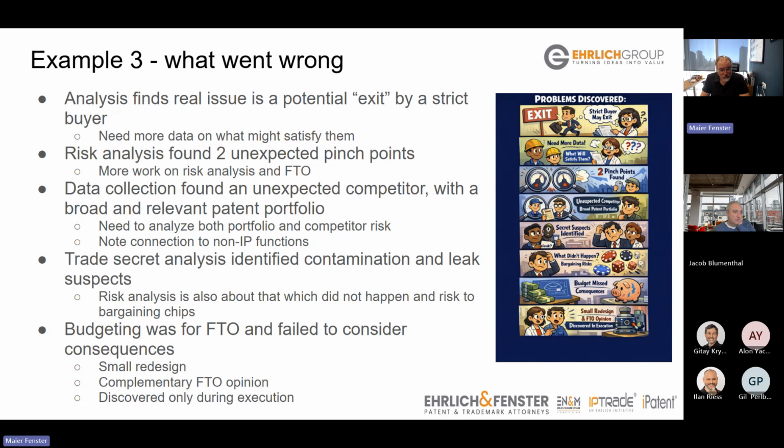Your budgeting was for freedom to operate, but you forgot to consider you might need to do a small redesign. You might need to have another FTO on the small redesign. And of course, you're only going to discover that during execution, which we haven't started yet. Not easy to plan.